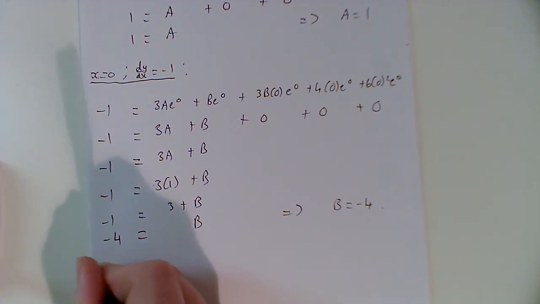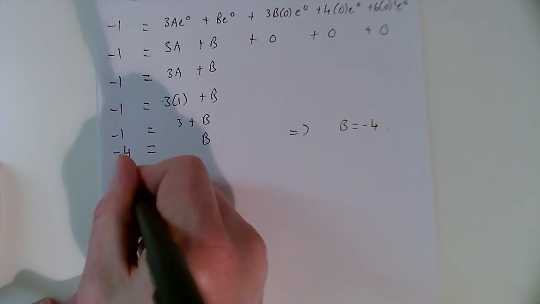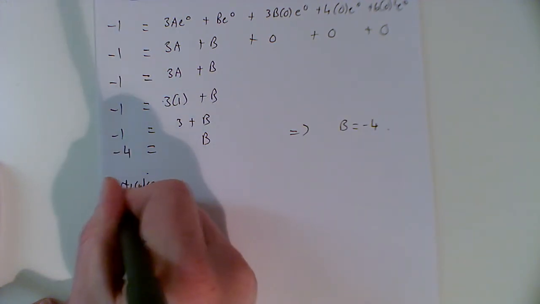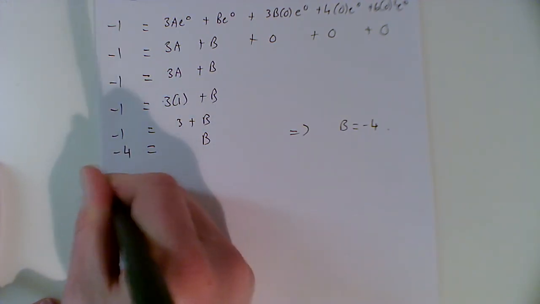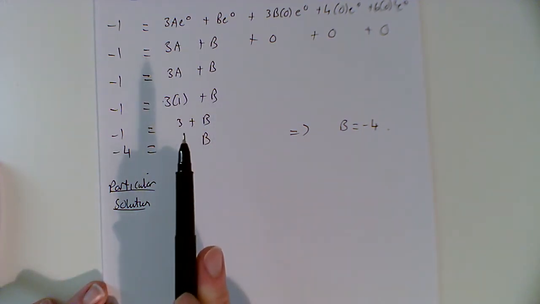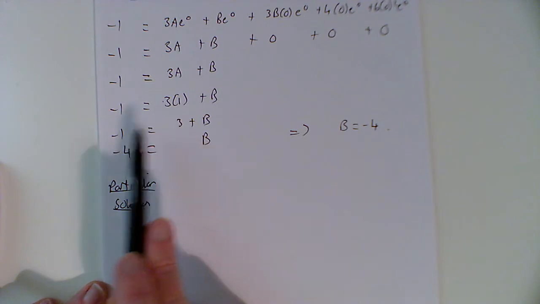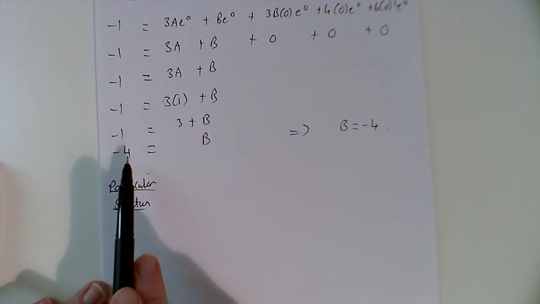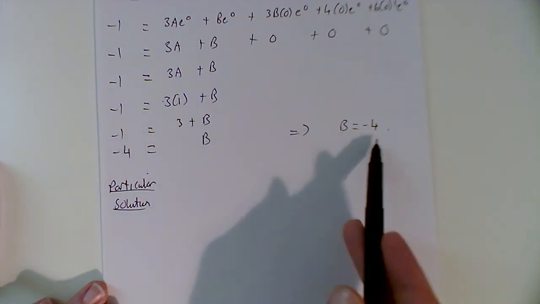Okay, so that means your particular solution, okay, so we substituted in our 1, we got 3, 3 moves over, it becomes takeaway, so -1, take away 3 is -4.